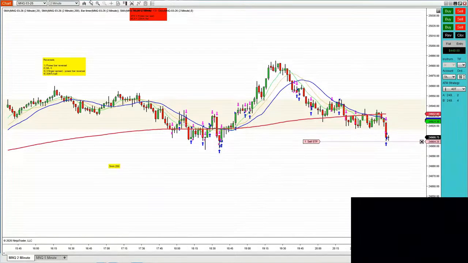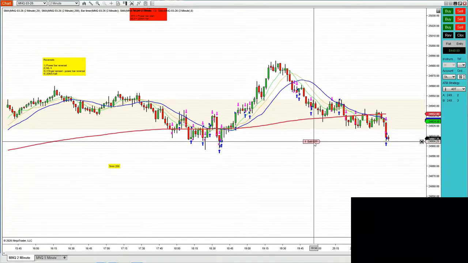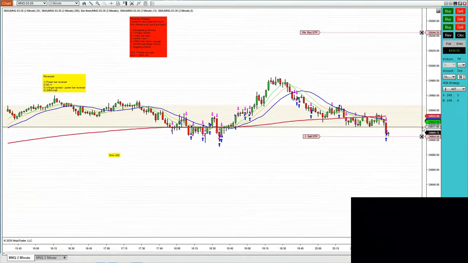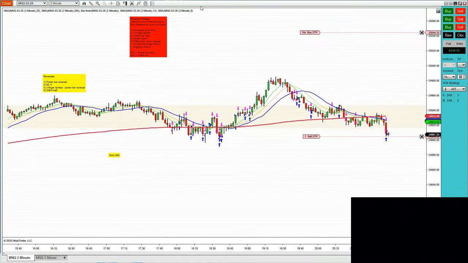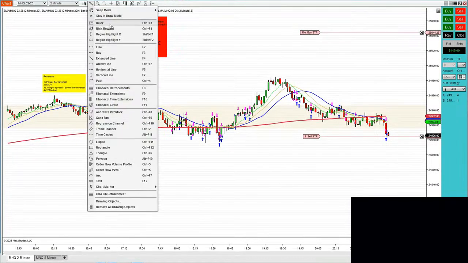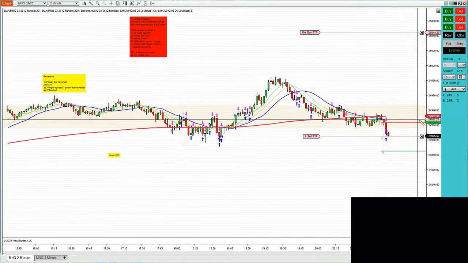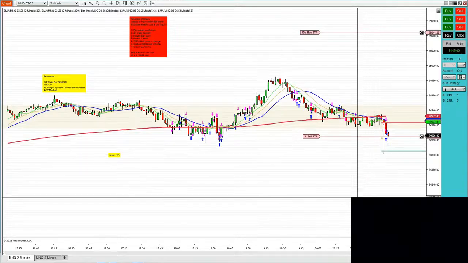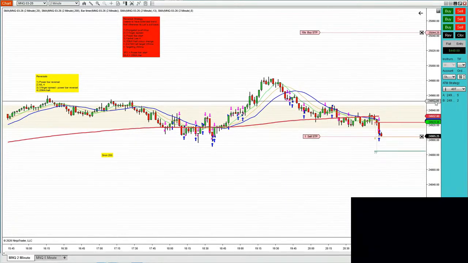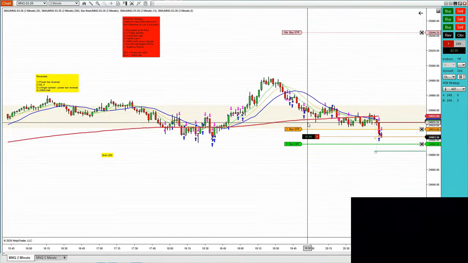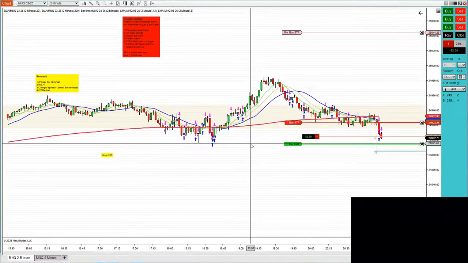Ah, that's a shame. I wanted to have one contract left running. I must have shifted it. There we go, and we'll go 1-to-1 on this. Actually, let's leave it there because we'll take out the lows.